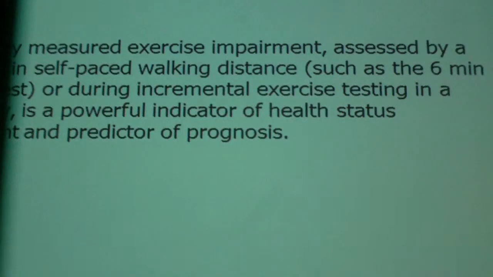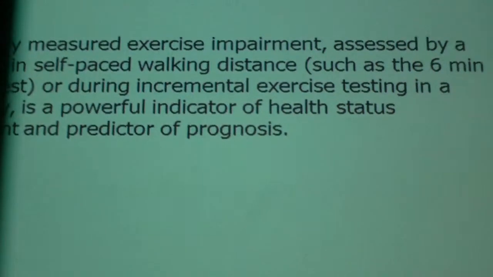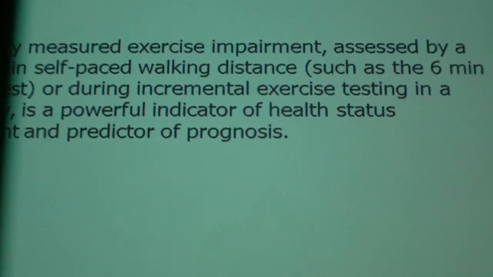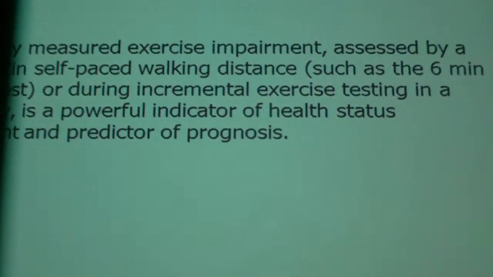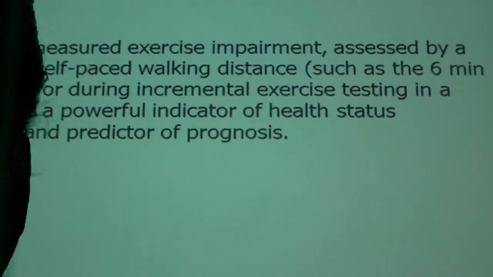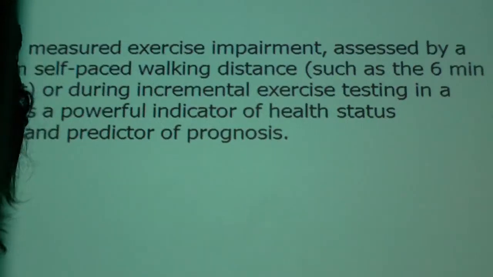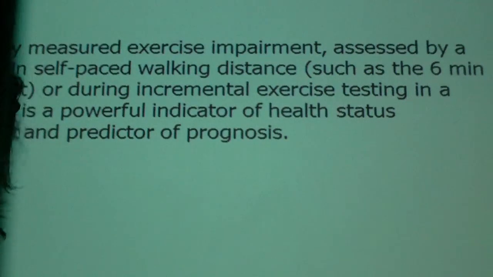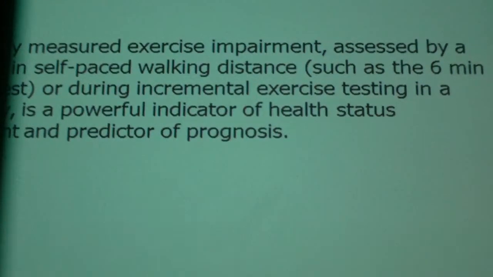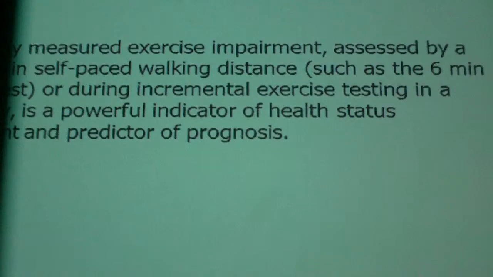That means we put the patient on a bike, and we ask him to perform maximal exercise, and the load he has to cycle increases every minute. So it's a hill that goes steeper every minute, and everybody has to stop. That's a very good way to assess the exercise capacity of a patient.